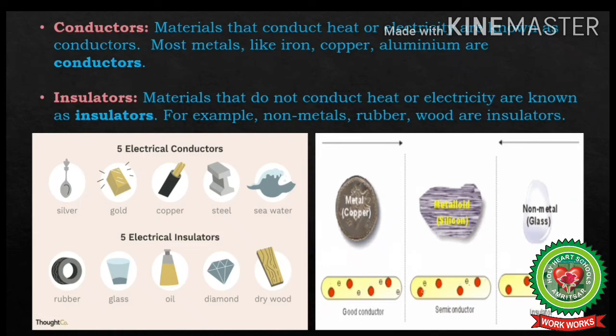And here only few electrons are flowing. So this means it is a semiconductor. For example, silicon, which is a metalloid. And in the case of insulator, no electron is flowing. An example of insulator is non-metal, that is glass.